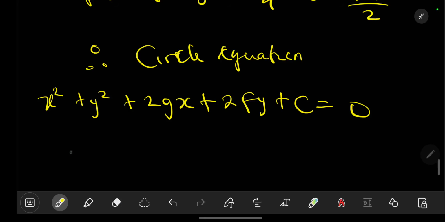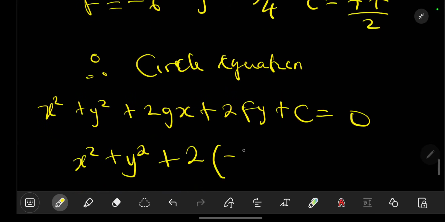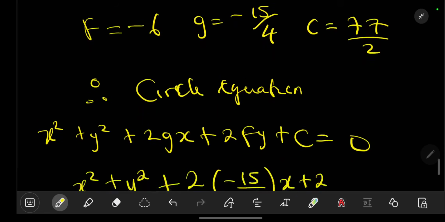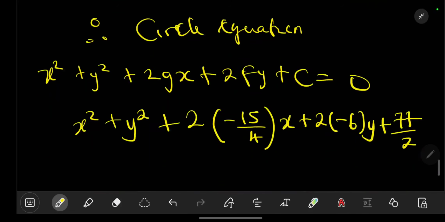So we are going to have x squared plus y squared plus 2, our g is equal to negative 15 over 4, then x, plus 2, our f is equivalent to negative 6, then y, plus c, which is 77 over 2.